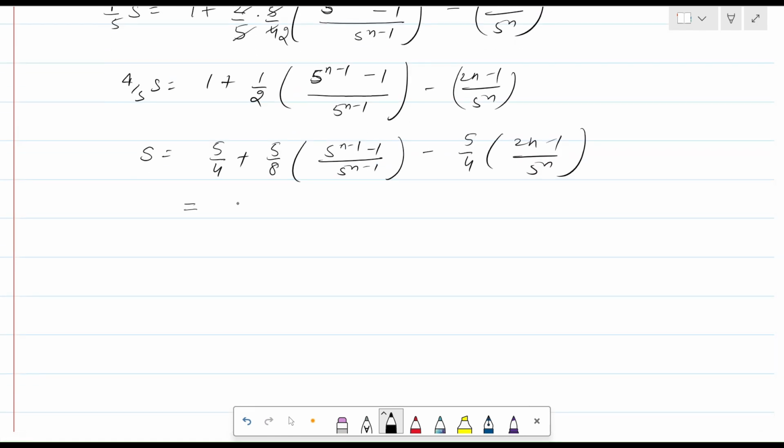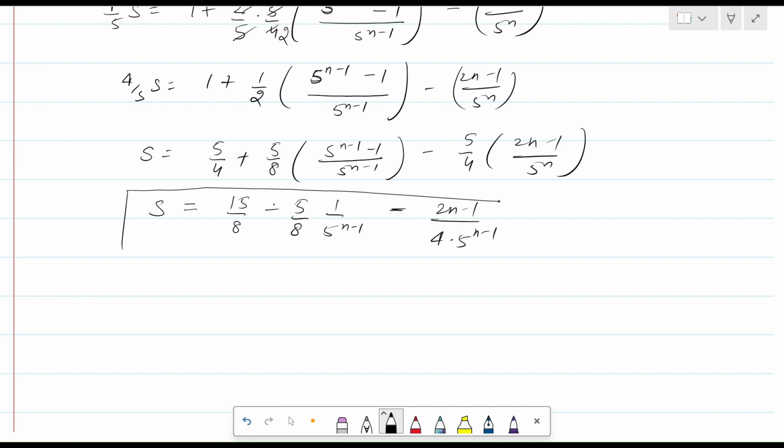This is equal to 5 by 8, 1 upon 5 raised to the power n minus 1 minus 2n minus 1 dot 4 dot 5 raised to the power n minus 1. This is the required sum of the AGP.